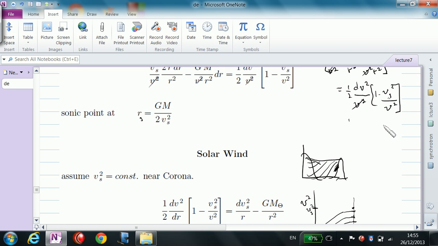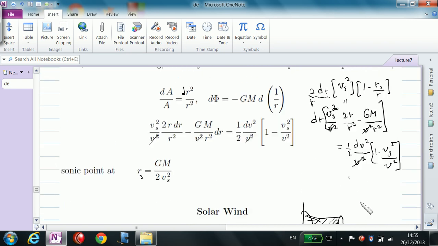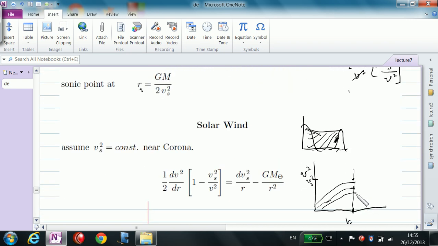And then on the other side, they have to go down. And that was what we were saying before, that the area increases, velocity has to decrease.